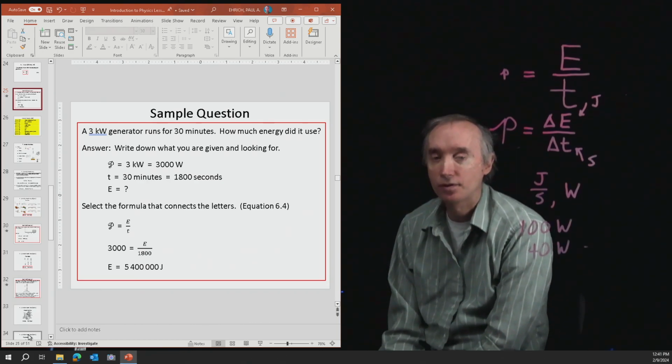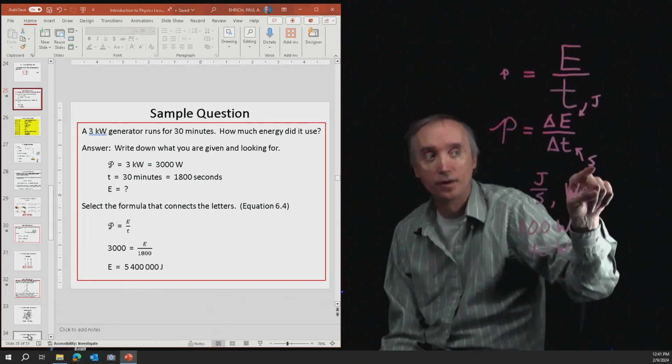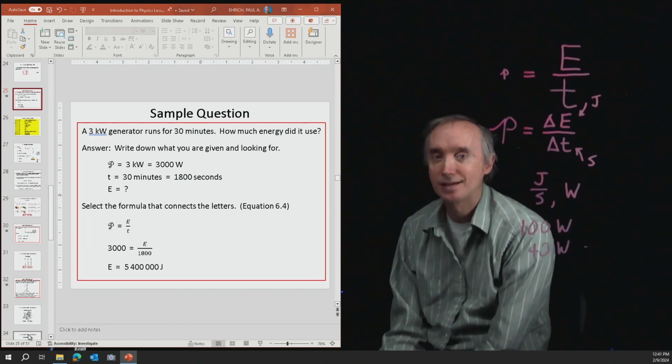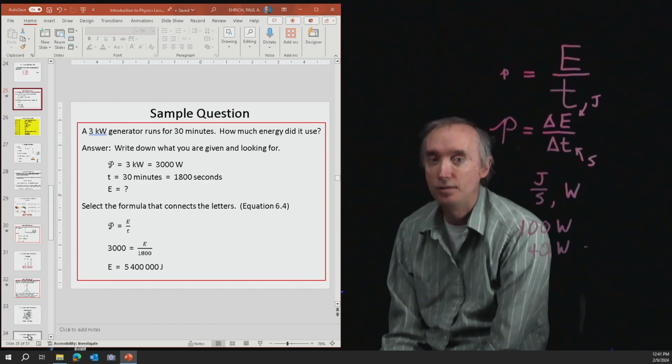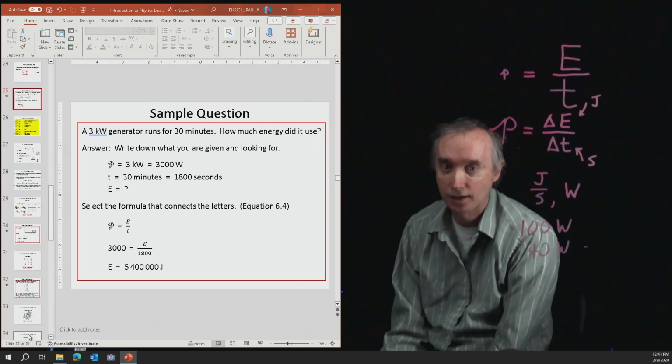And then it says 30 minutes, so that's time, T, but it's in the wrong units. We need to convert it to official metric units, which is going to be seconds. So 30 minutes, multiply that by 60 seconds, gives you 1,800 seconds.